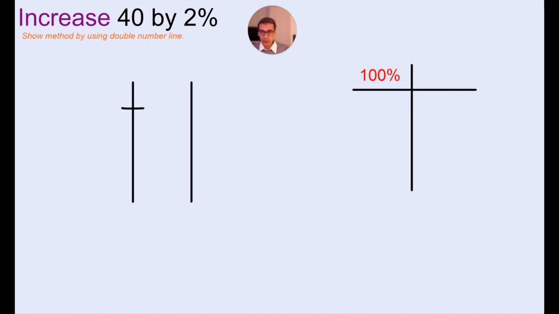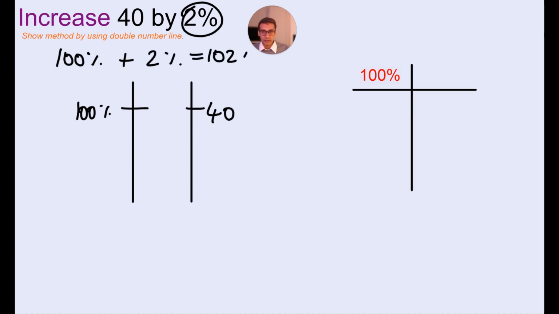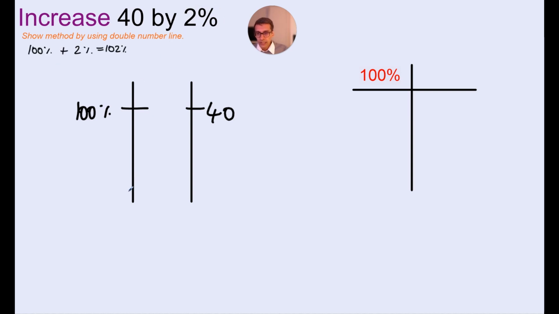Okay, so first of all, 100% is 40. And we're going to work out a 2% increase. So it's 100% plus 2%, which is 102%. So let's work out 1% first.